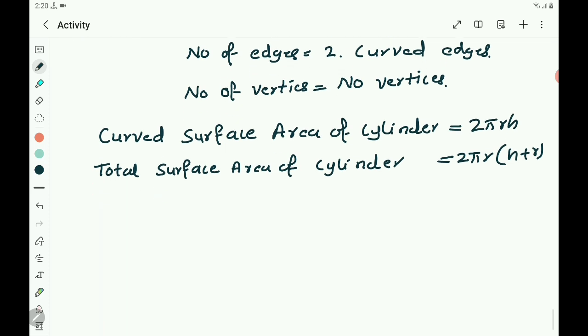Then volume of the cylinder equals πr squared h. This is about the cylinder.